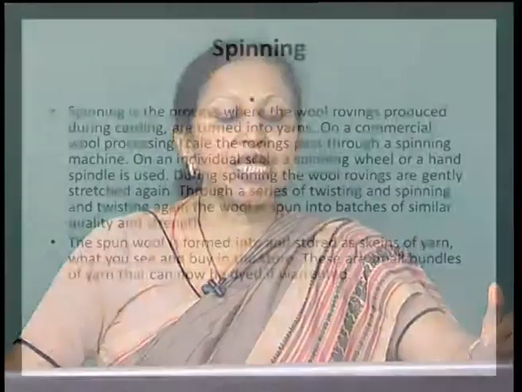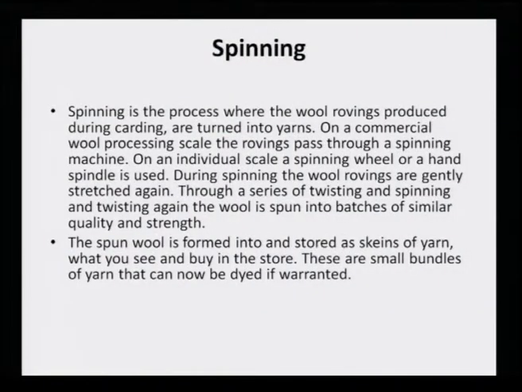Spinning. Spinning is the process where the wool rovings produced during carding are turned into yarns. On a commercial wool processing scale, the rovings pass through a spinning machine. On an individual scale, a spinning wheel or a hand spindle is used. During spinning, the wool rovings are gently stretched again.